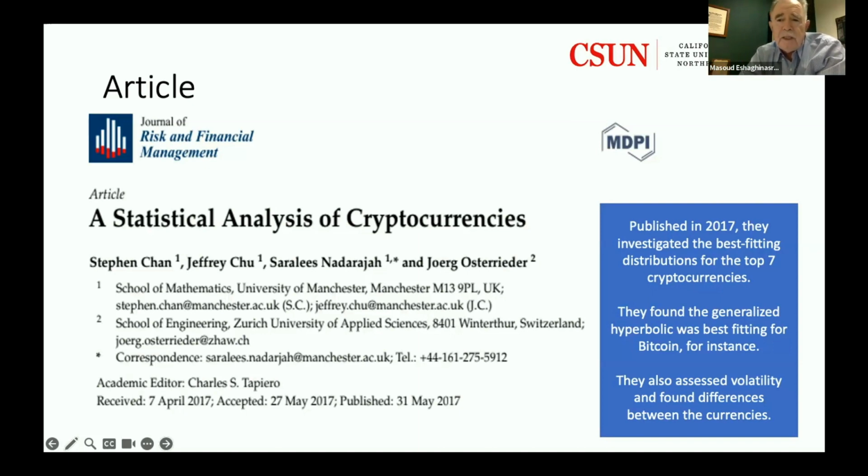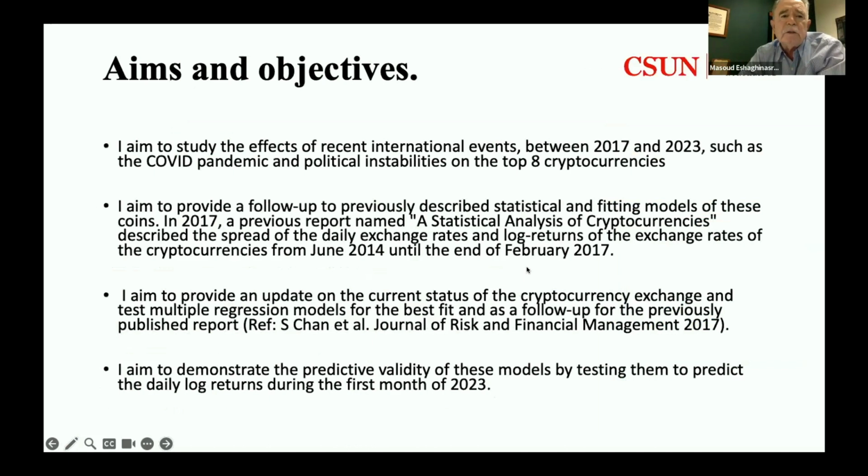So my goal for this study is to go back and study the effect of recent international events between 2017 and 2023, such as the COVID pandemic and political subjects, for example, the war between Russia and Ukraine.